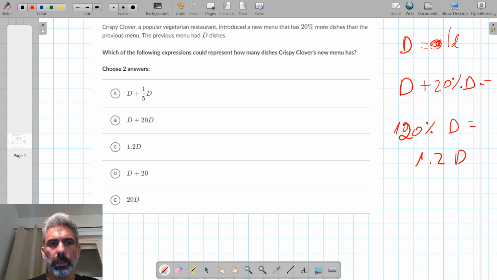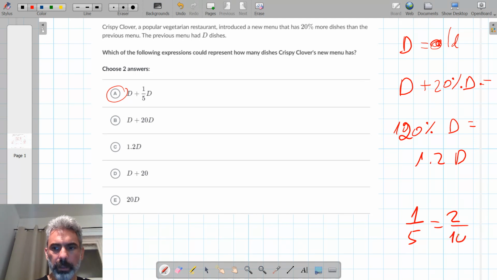Okay. This is also correct, D plus 1/5 of the D, because 1/5 is like 2/10, and 1.2 is 1 plus 2/10.